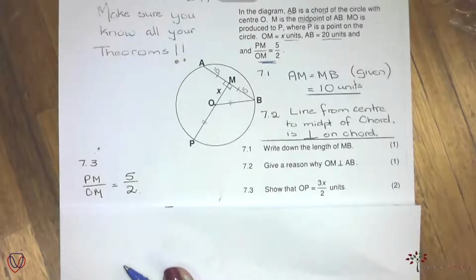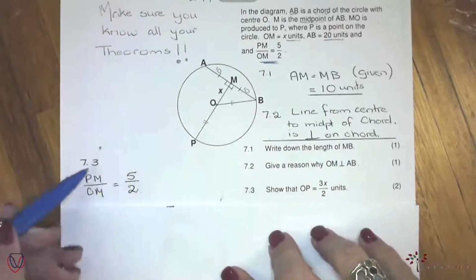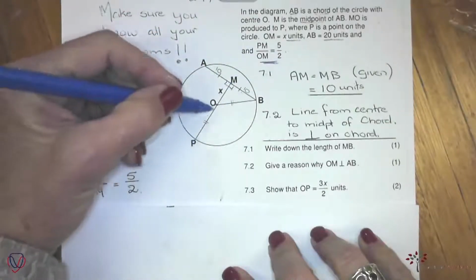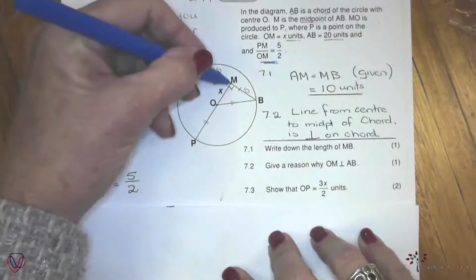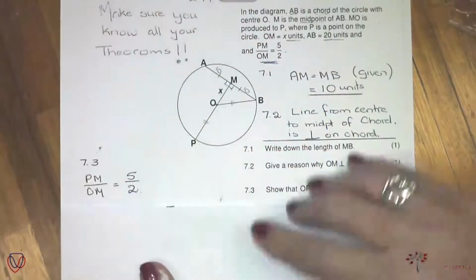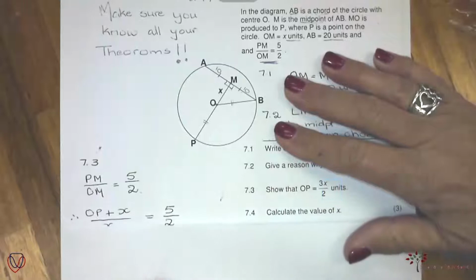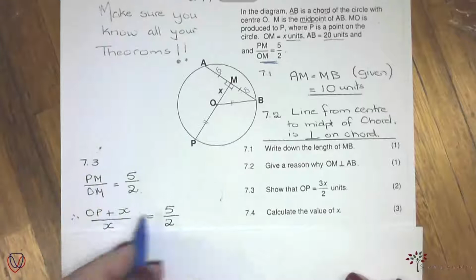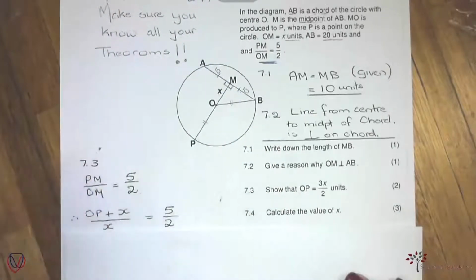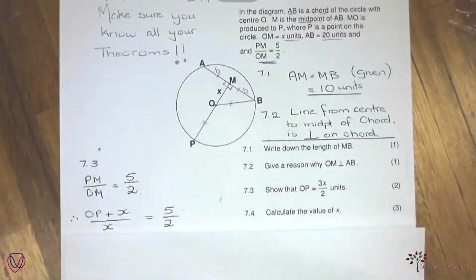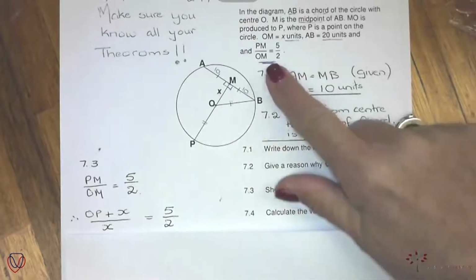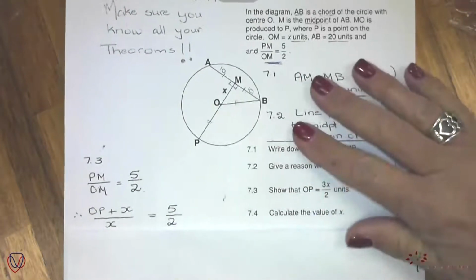This is where it is a difficult problem. Look at this. PM over OM. PM will be OP plus x. OM is x. So that same ratio can be written like that. OP plus x is PM, x is OM. We need those x's. Can you see that? So I went to the x and brought it into that ratio, because in the given ratio, there's no x given.